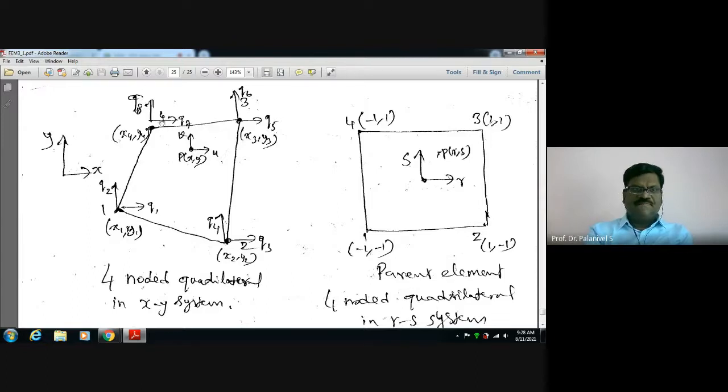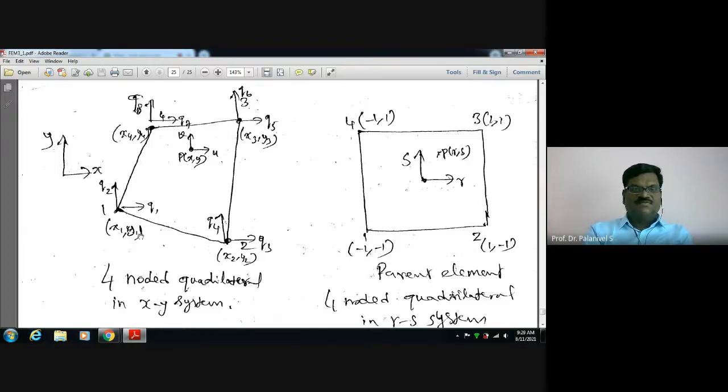See here, we have this quadrilateral element whose nodal degrees of freedom are Q1, Q2, Q3, Q4, Q5, Q6, Q7, Q8. Instead of U1, V1, the term Q is used. Any notation can be used to represent the nodal degrees of freedom.